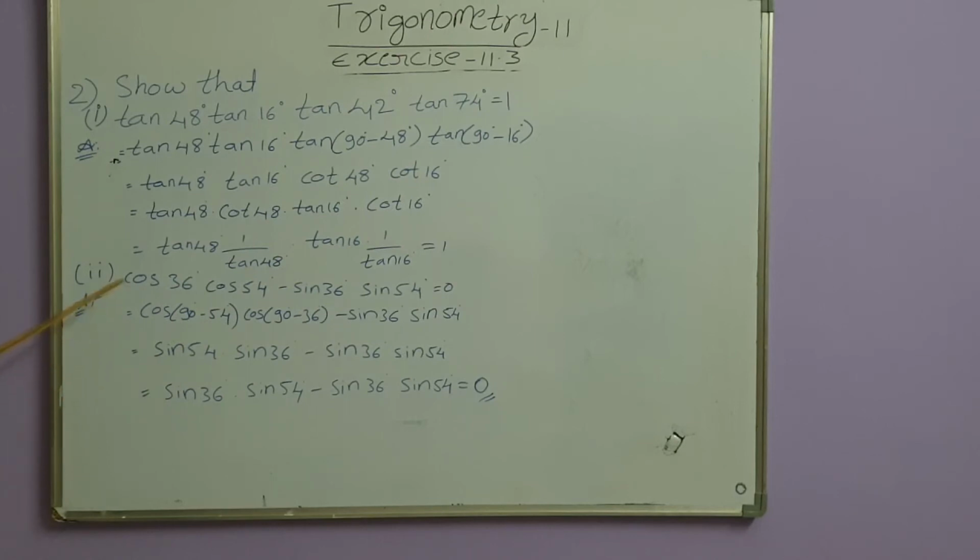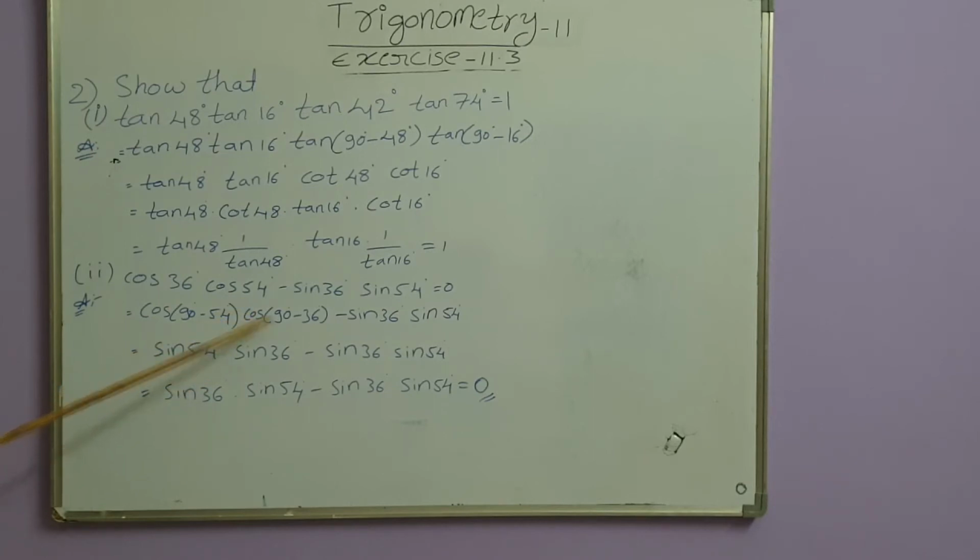Next, the second one: cos 36 degrees cos 54 degrees minus sin 36 degrees sin 54 degrees is equal to 0. Here cos 54 is cos of 90 minus 36, so write like this: cos 54 as cos of 90 minus 36, minus sin 36 sin 54. Since cos of 90 minus A is sin A, we get sin A sin 54.